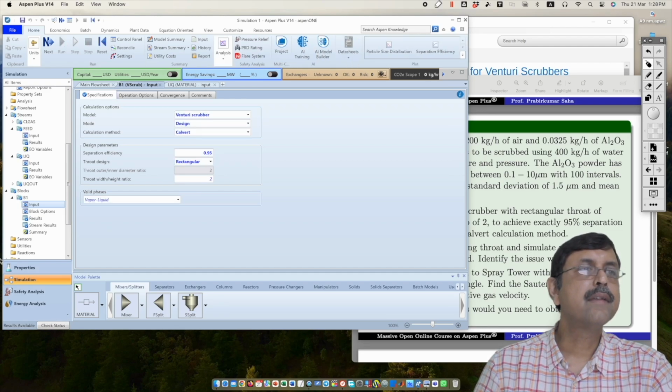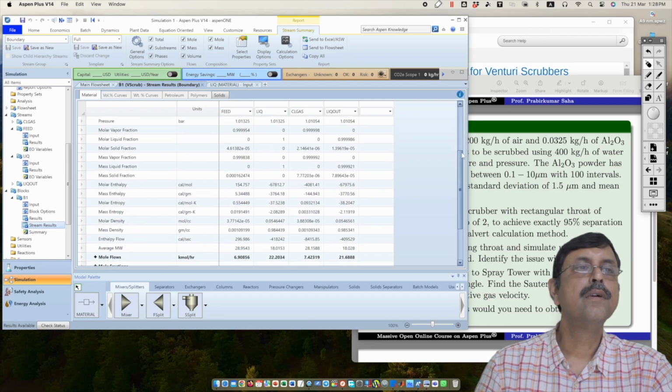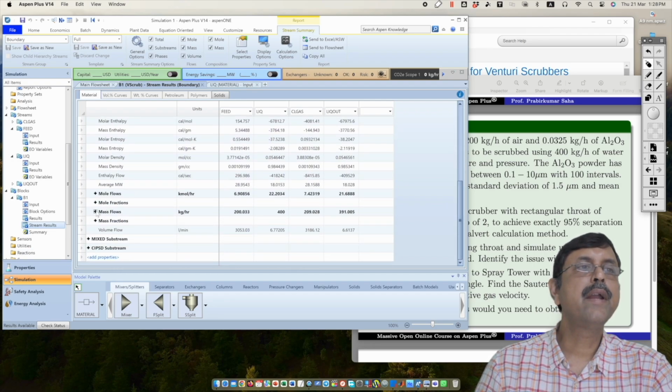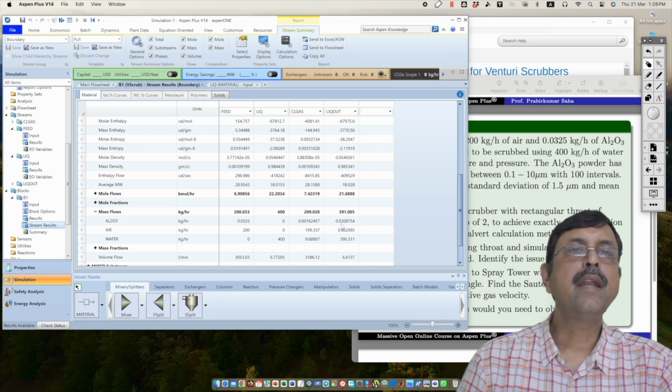Okay, so results are available. Let us go to the stream results. Yes, so we'll check the mass flow rate. In the feed, you have 0.0325, and in liquid out, how much of aluminum oxide is there? 0.030875.